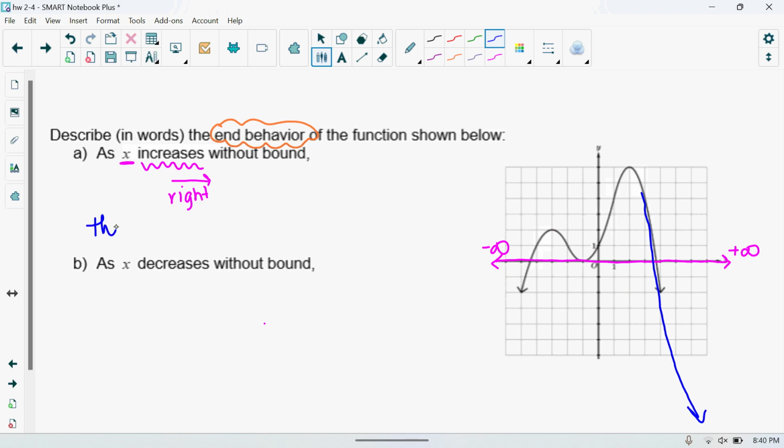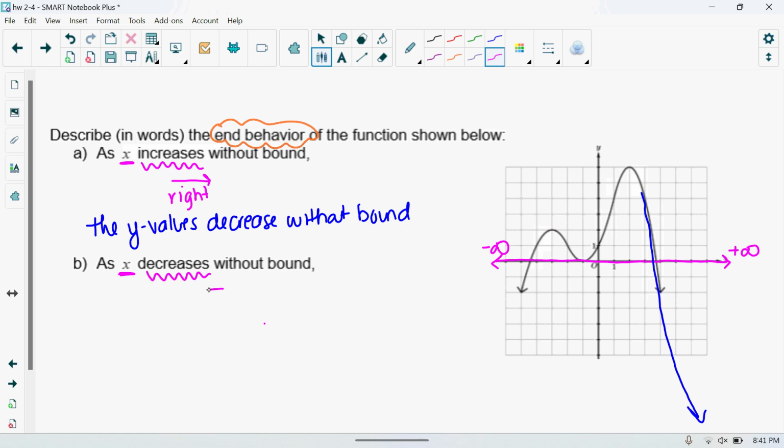So the y values, more negative, more negative, more negative. My y values decrease without bound. And the reason it's without bound is because there's an arrow. So now the next one says as x, so again, I'm going left and right, decreases without bound.